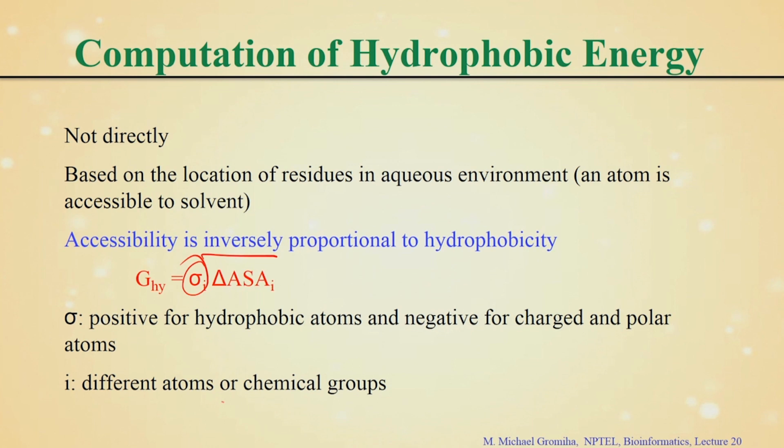You can see different chemical groups, and this is positive for the hydrophobic atoms and negative for the charged and polar atoms, because of the inverse relation between hydrophobicity and the accessible surface area.